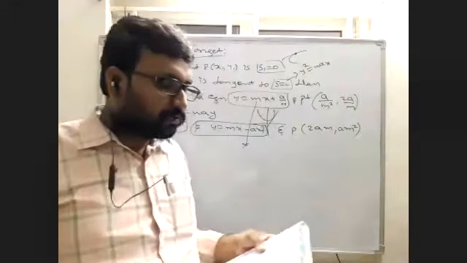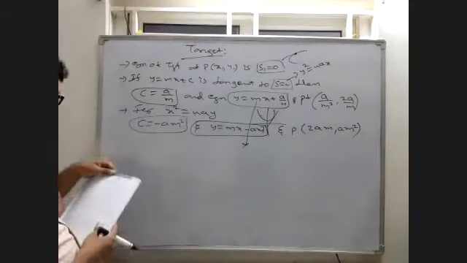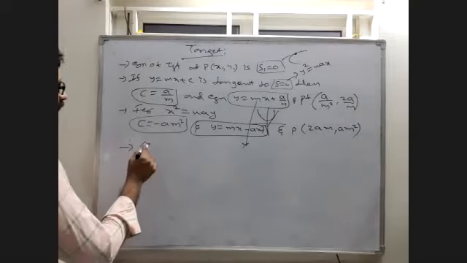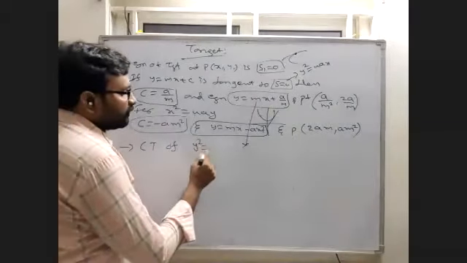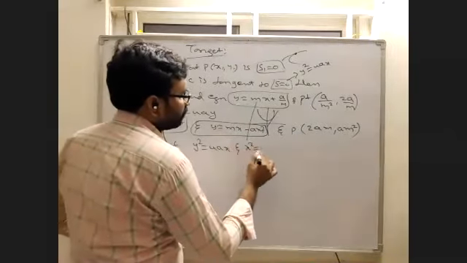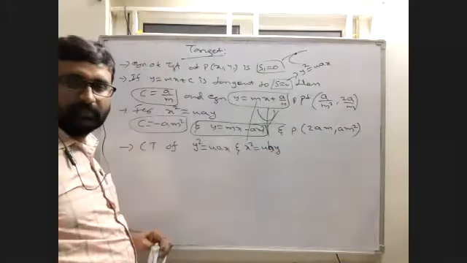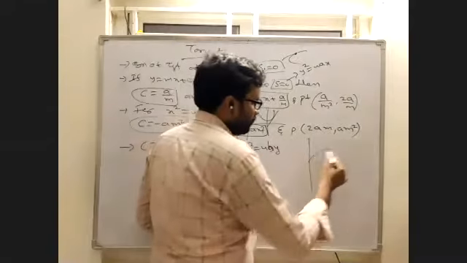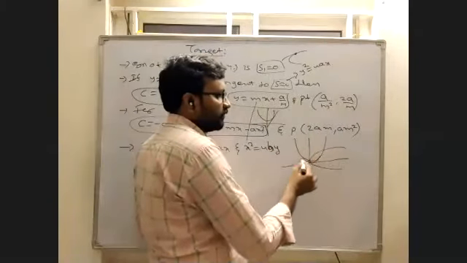Now the equation of common tangent to the parabolas: common tangents of y square equal to 4ax and x square equal to 4by.